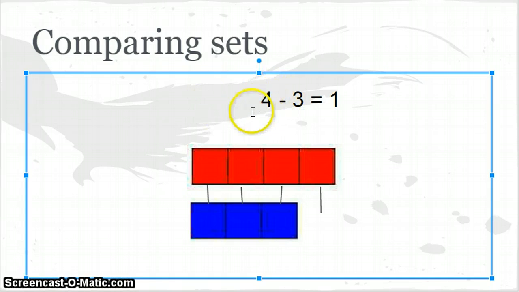Of course, we started with 4 because there are 4 cubes in the red train, and that was the longer train, right? And then we want to subtract the number of cubes in the second train. In this case, it's 3 because there are 3 cubes in the blue train.